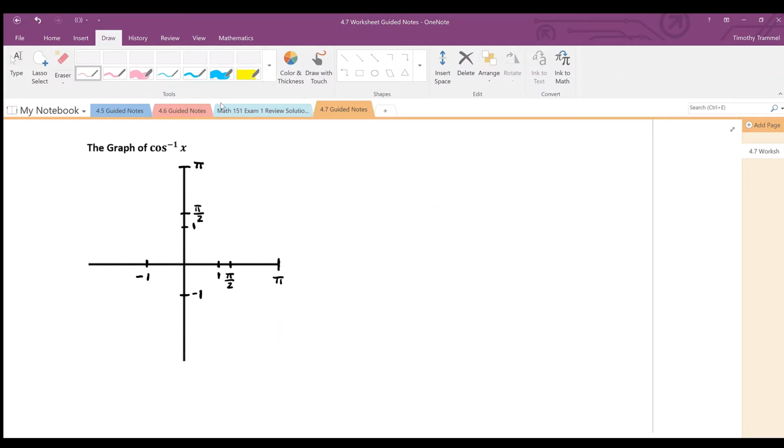Okay. I want us to do the same thing here with cosine inverse that we did with sine inverse. Let's start off with y equals cosine of x. And we're going to talk about first the restricted domain. In order to get cosine of x to pass the vertical line test, we've had to restrict ourselves to 0 to pi.